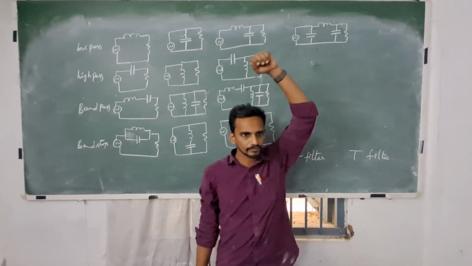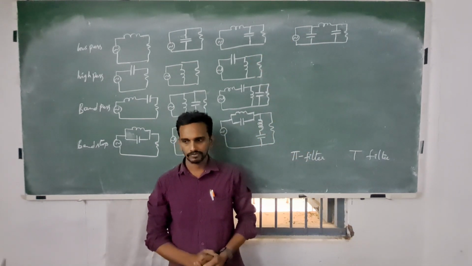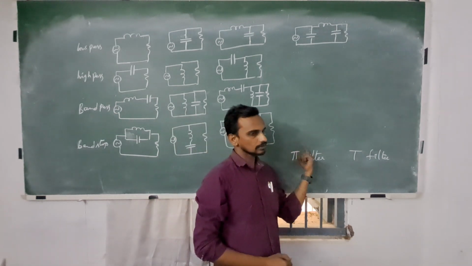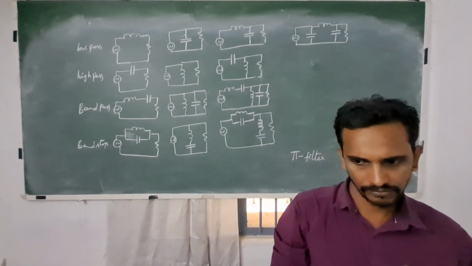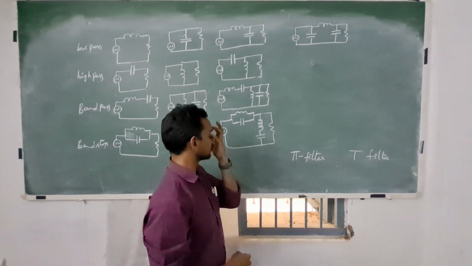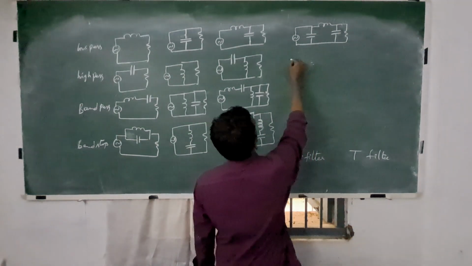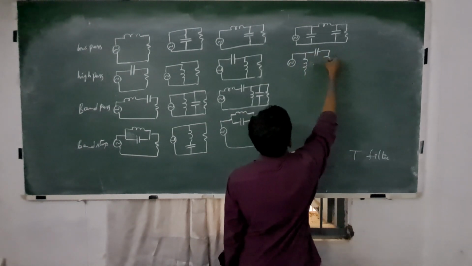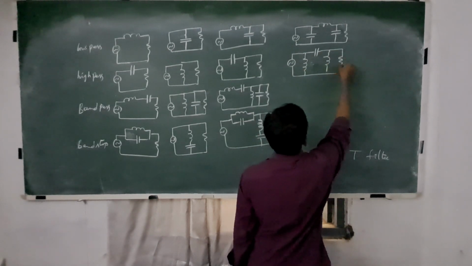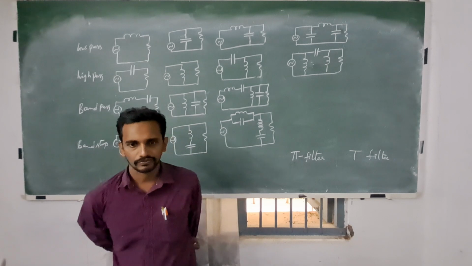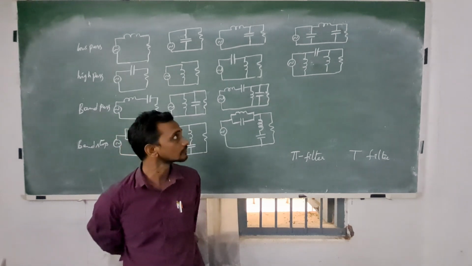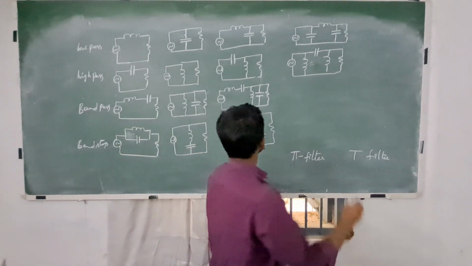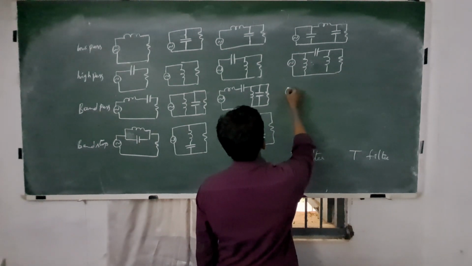It's in the shape of pi, so it contains two grounded components and one allowing component. Low pass pi filter. Similarly the high pass pi filter, and band pass and band stop.